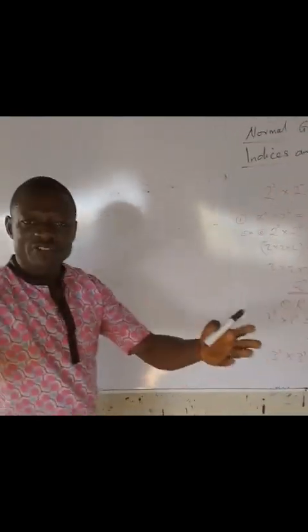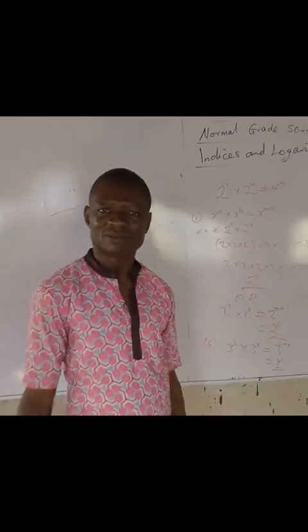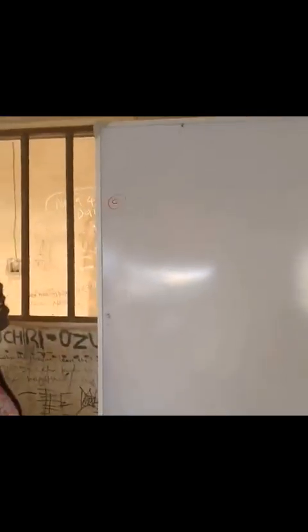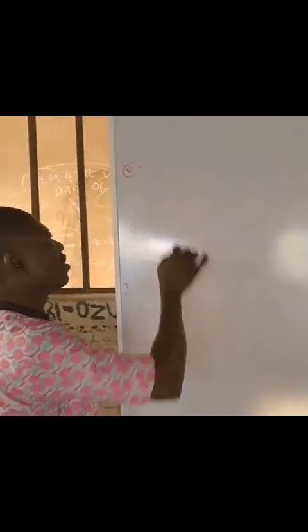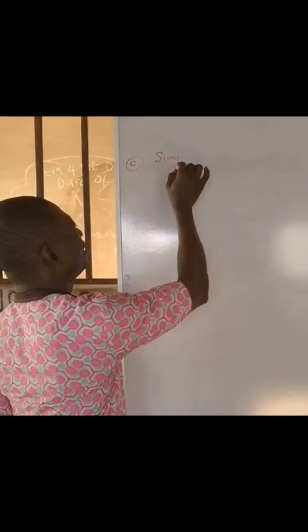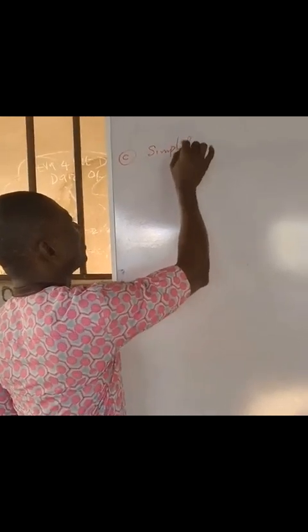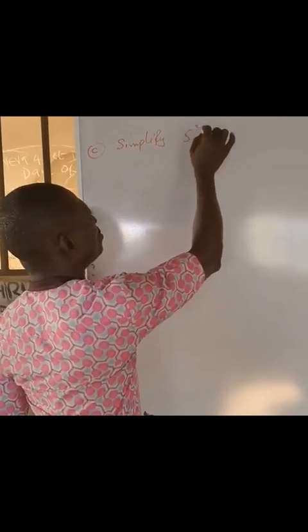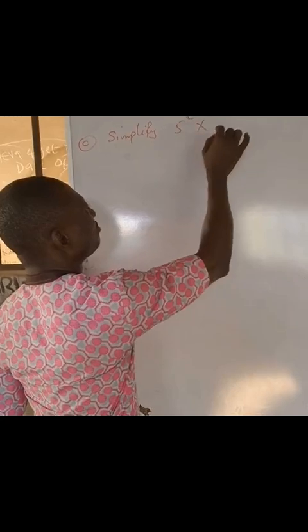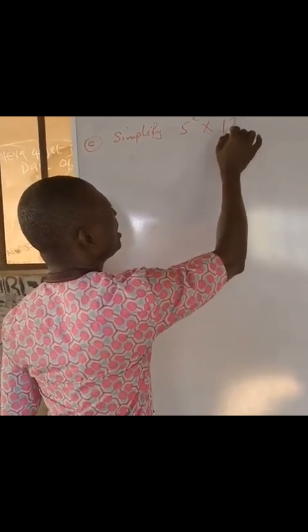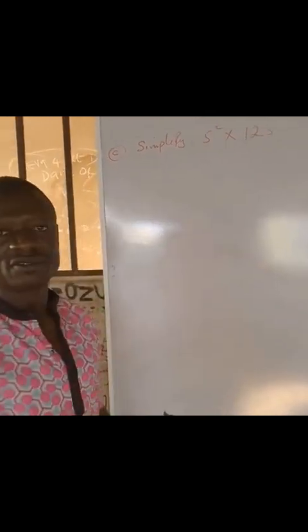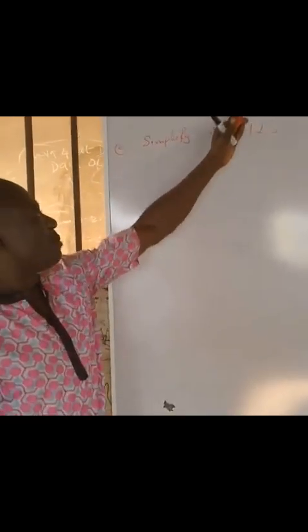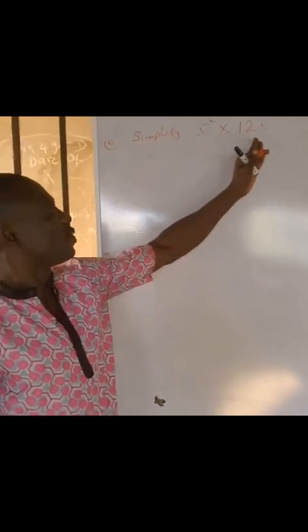What if the bases are not the same? Let's take a look at C. Assuming the question given to us is to simplify 5 raised to the power 2 times 125.